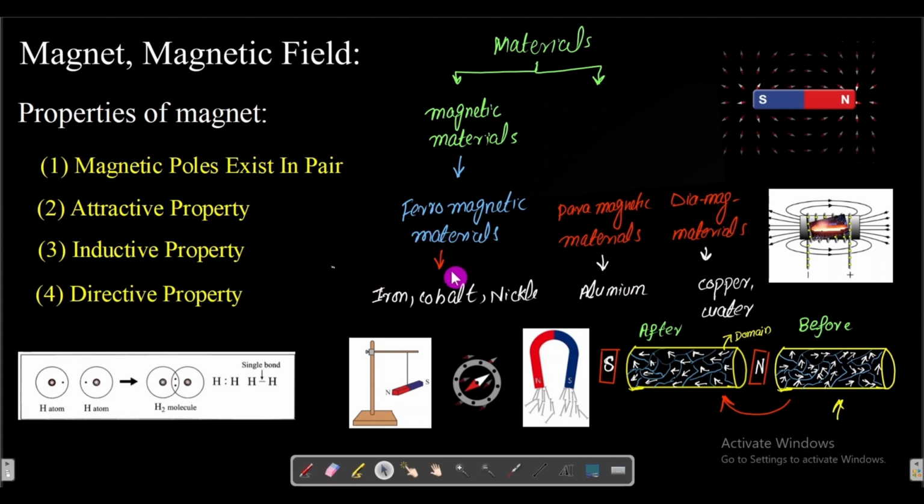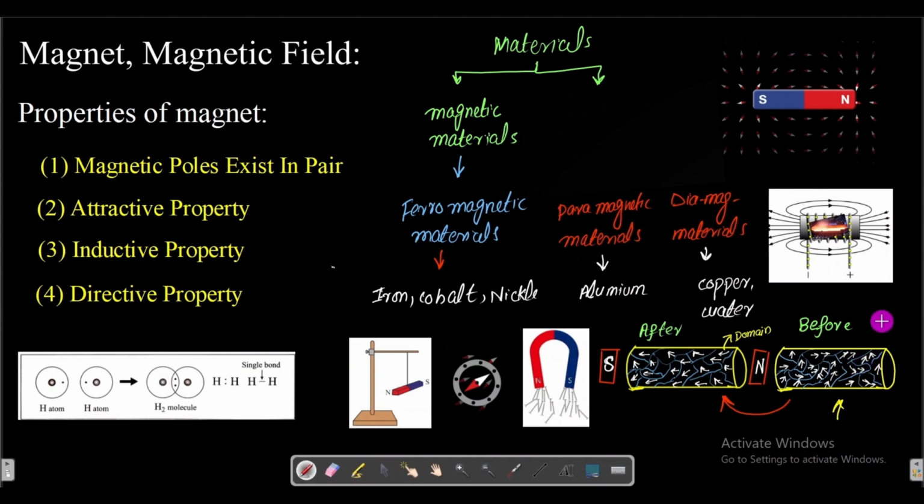So here the ferromagnetic material, the iron strip, and we know that the iron strip will consist of a large number of iron atoms, and each iron atom will have electrons, and we know that the electrons in the orbital are present in opposite spin.